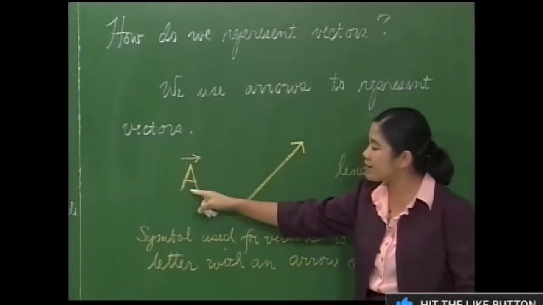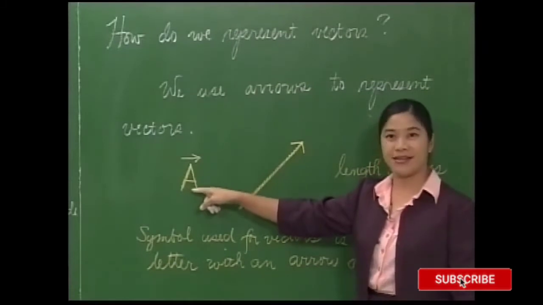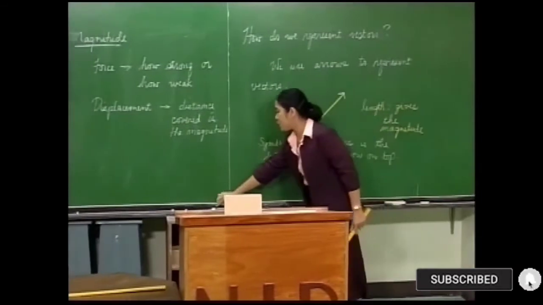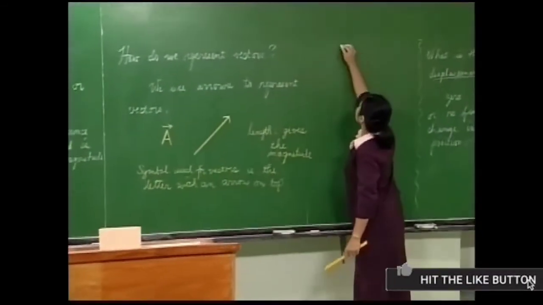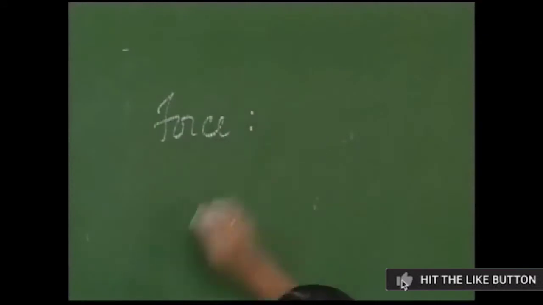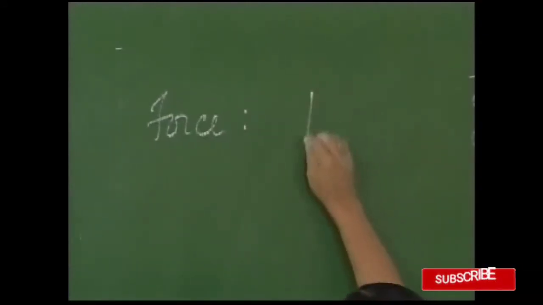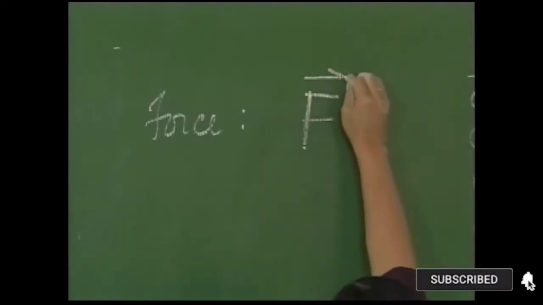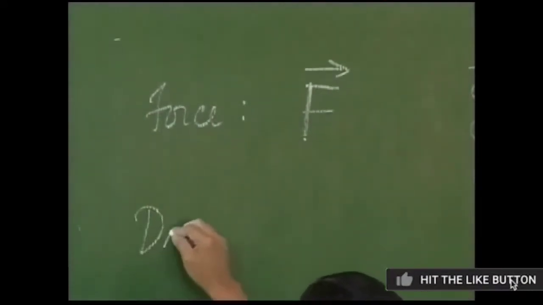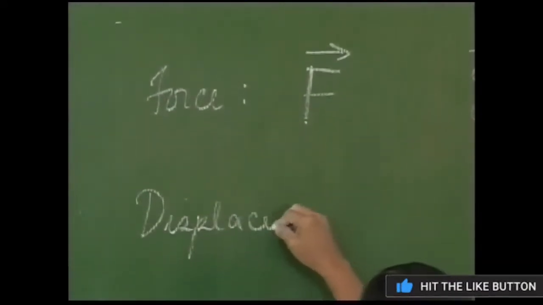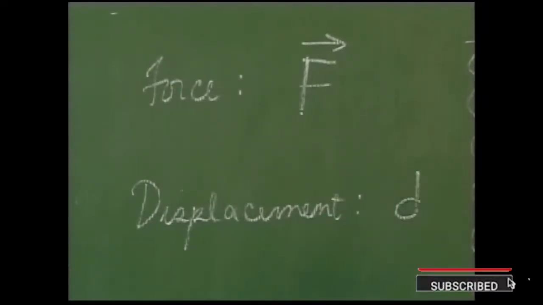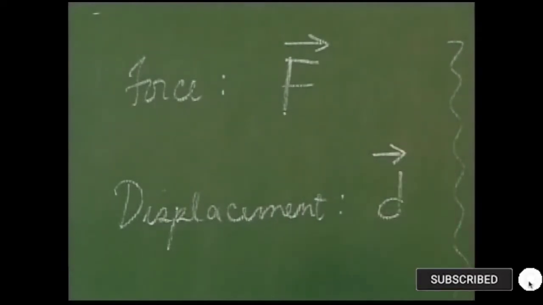So once I have this, it means that my A is a vector quantity. So, for example, for the force, normally we would denote this with a letter F with an arrow on top. Displacement would normally be denoted by letter D with an arrow on top.